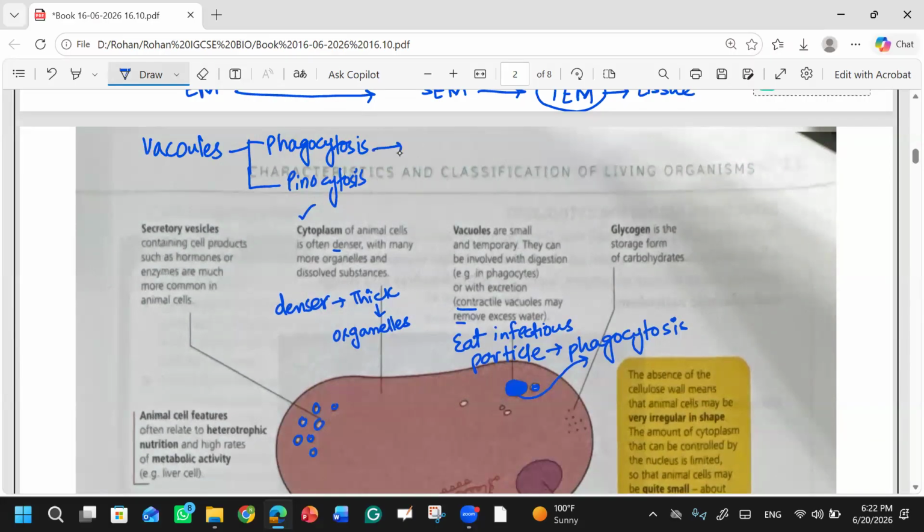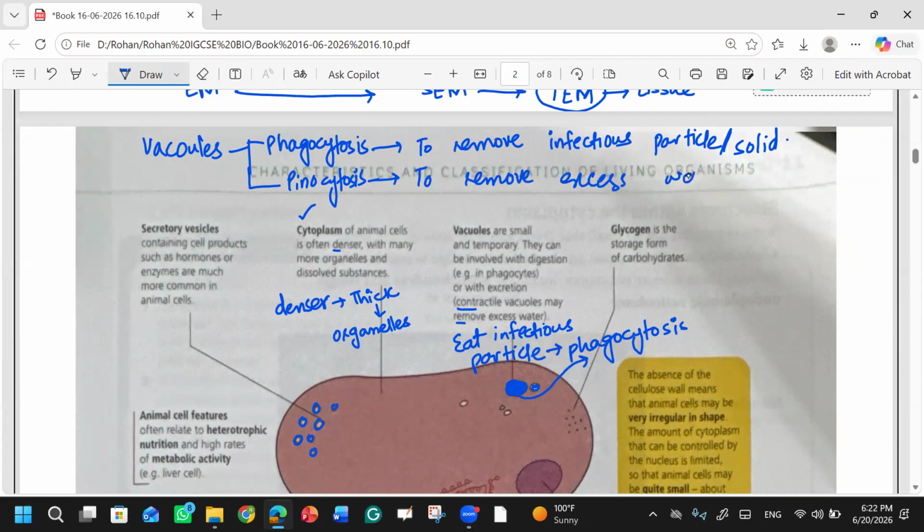Phagocytosis means to remove the infectious particles or other digested food, or the solid things, any solid that is not necessary for the cell. And pinocytosis means the vacuole helps to remove excess water, or any other type of liquid that is not necessary for the cell. Are you clear with this?